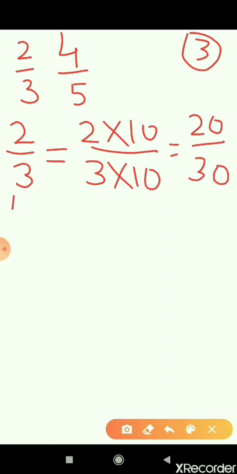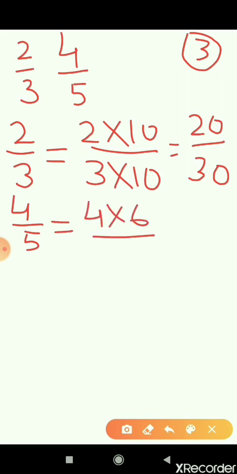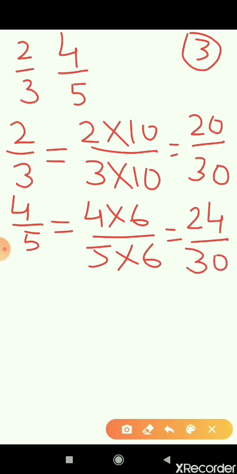Next number 4 upon 5 is equal to 4 into 6 upon 5 into 6 is equal to 24 upon 30. So now we have rational numbers which have the same denominator, 30, 30.